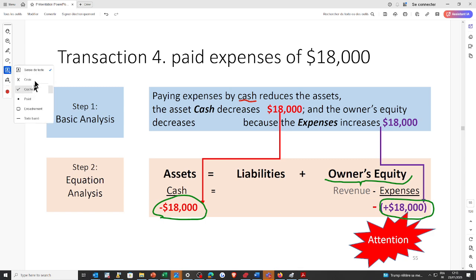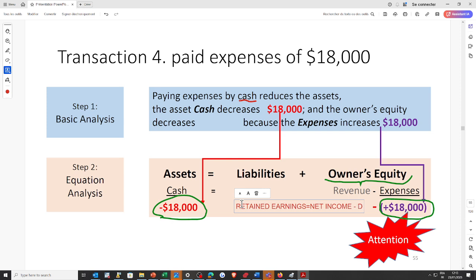For example, if I can write for you, the retained earnings equal the net income minus the dividend, right?